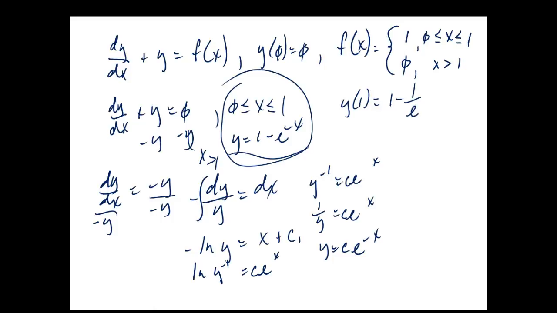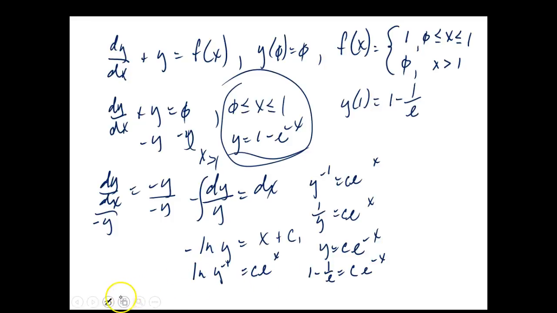Okay. So I would like y of 1 to be that here too. So I would like 1 minus 1 over e to equal c e to the minus x. Right? Oh, wait, but when x equals 1.